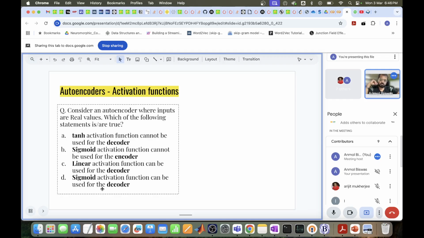We have one option that talks about the encoder side, which is the activation function of the hidden layer that forms the encoder of the encoder-decoder autoencoder structure, and the rest of the options deal with the decoder side of things.